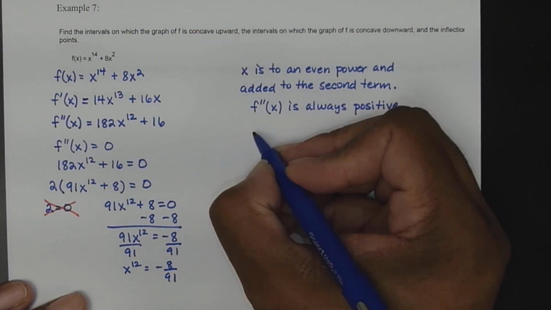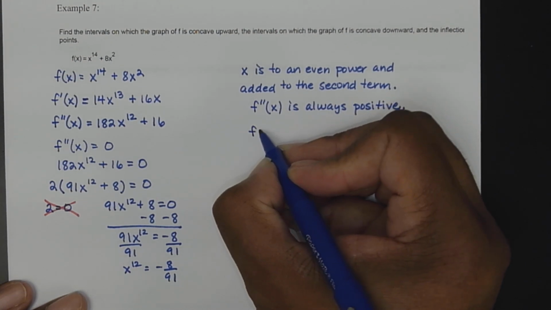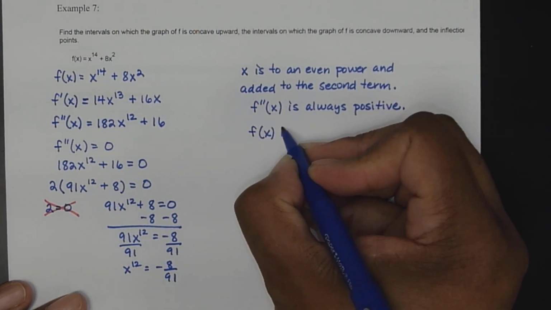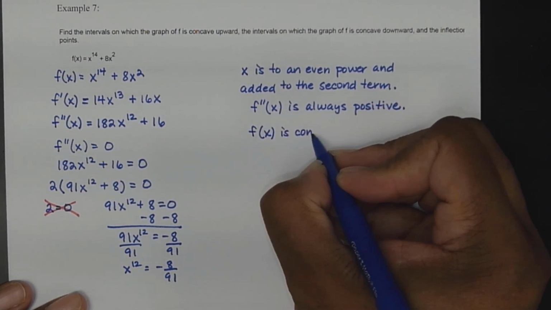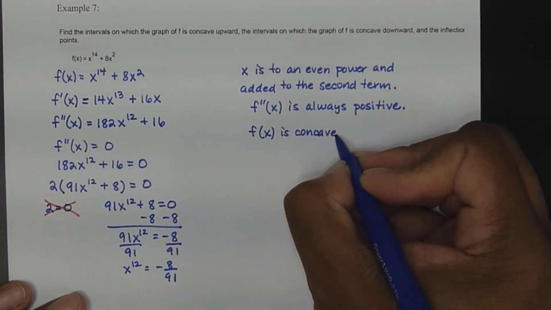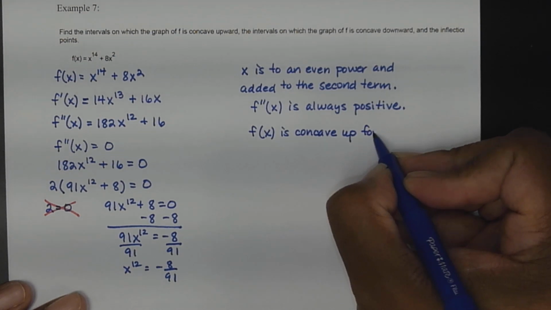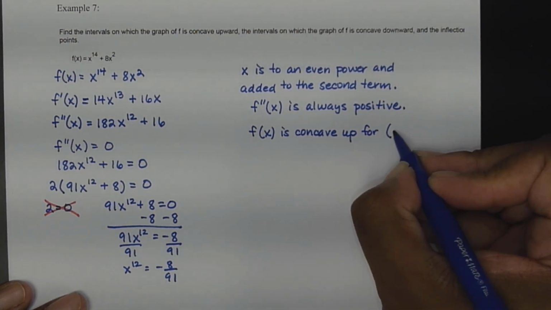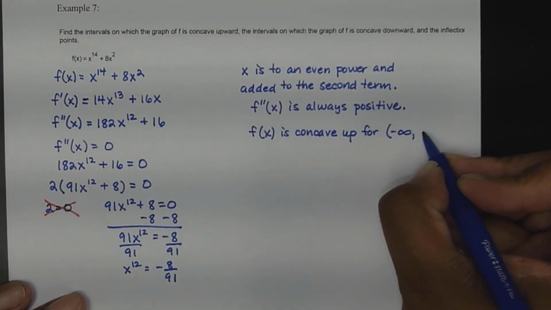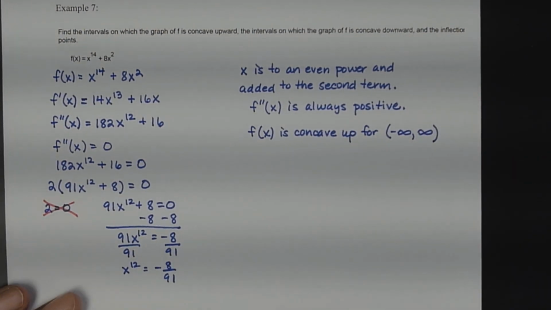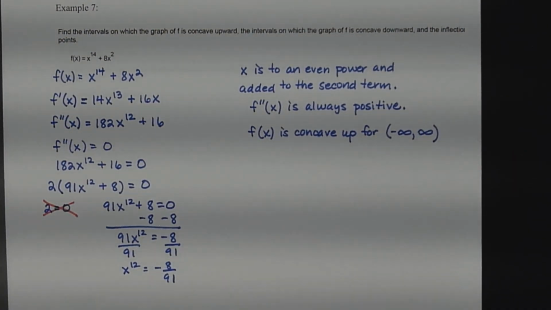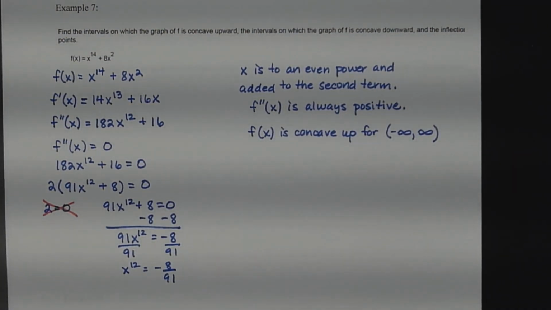So that means that f of x is concave up, and it's going to be concave up everywhere, from negative infinity to infinity.